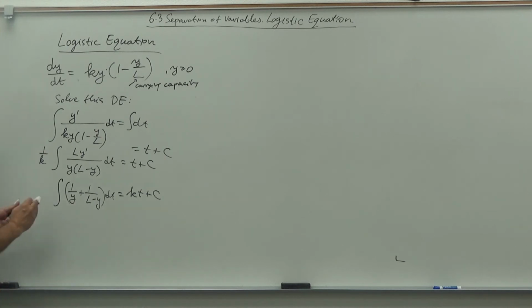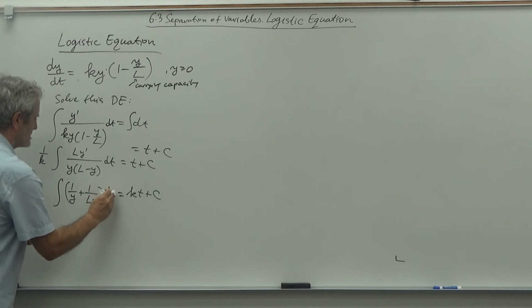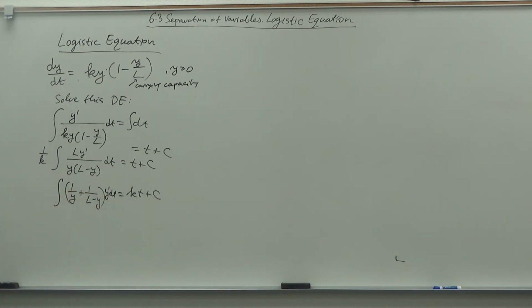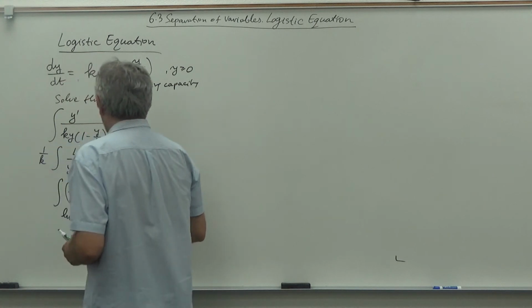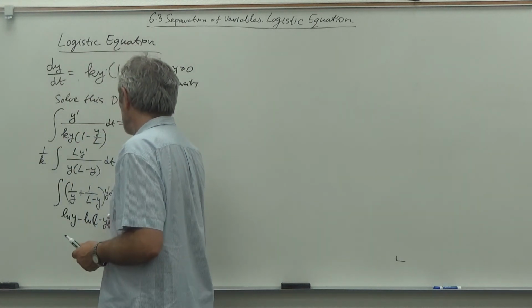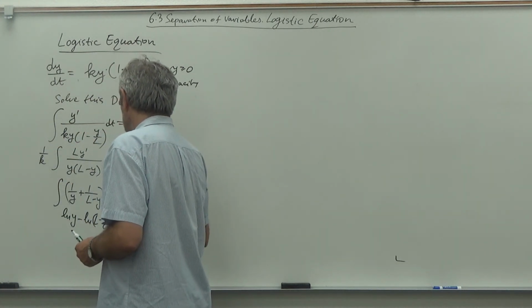So, where's my y prime? Y prime dt. So if I integrate this, obviously I get ln y minus ln of L minus y, which is positive if I'm in between. The minus comes from the linear correction, equals kt plus c.